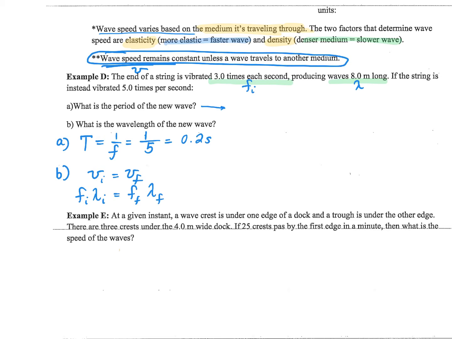So let's fill those in. What was the initial frequency? 3. Okay. What was the initial wavelength? 8. Final frequency was 5. And we don't know the final wavelength. That's what we're looking for. So now we can just solve it.